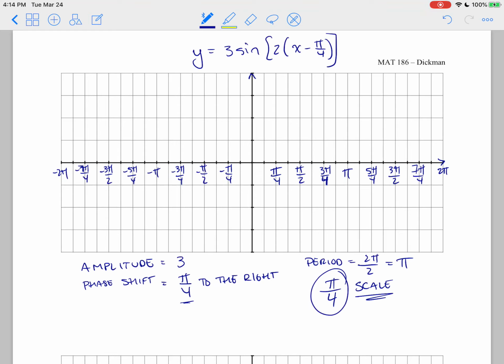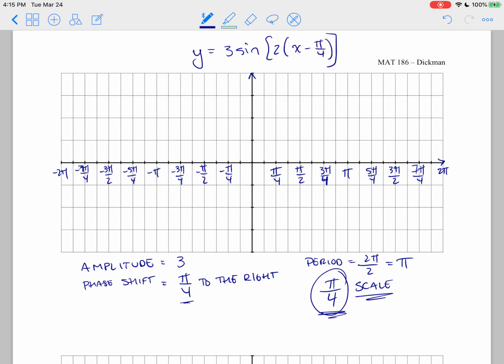All right, now since the period is only pi, I could have gotten away with making every other box pi over 8 and just stretch this out a little bit. It doesn't matter. Do what you're comfortable with. It might be fun to count in pi over 8s, fractions of 1/8 pi instead, just to get used to it. Whatever you want.